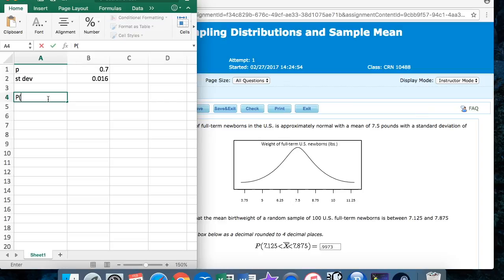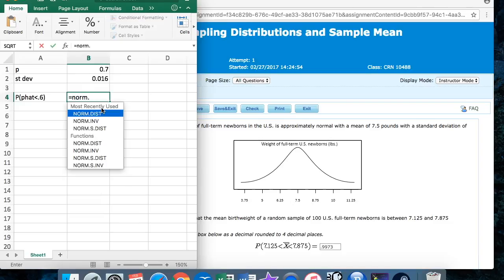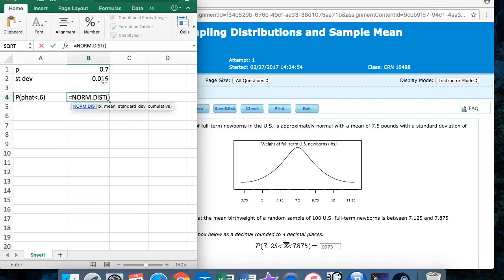Let's say you want the probability that p hat is less than 60%. That would simply be norm.dist. Your x value is 0.6, your mean, remember, is your p, and then your standard deviation is the one you calculated. So you can do this as well.